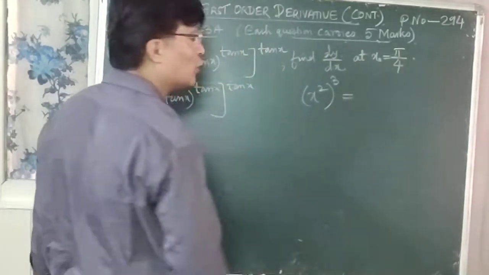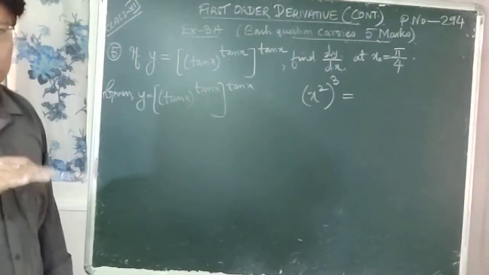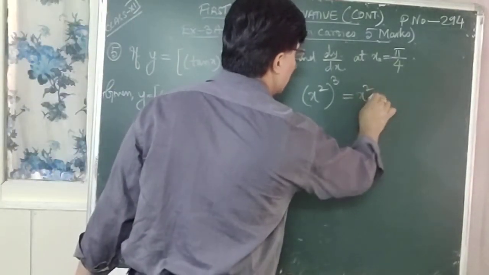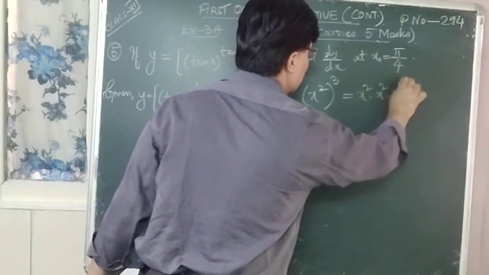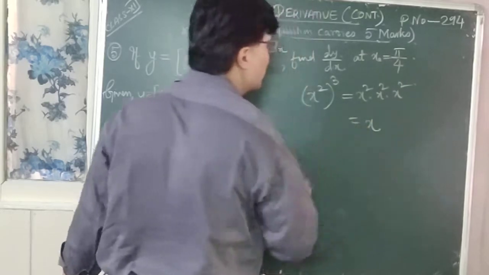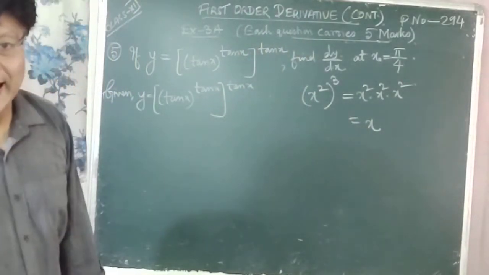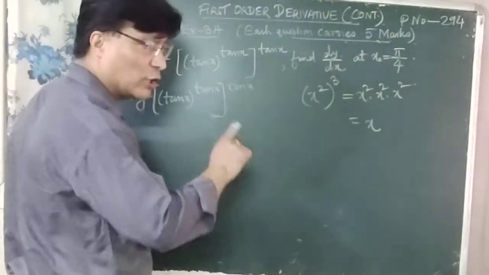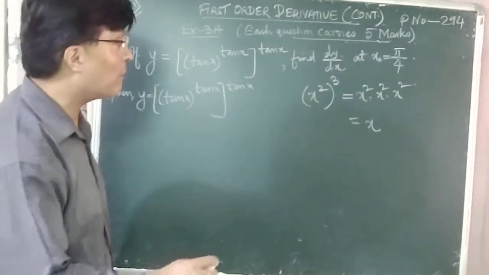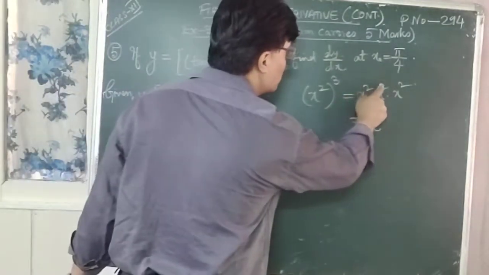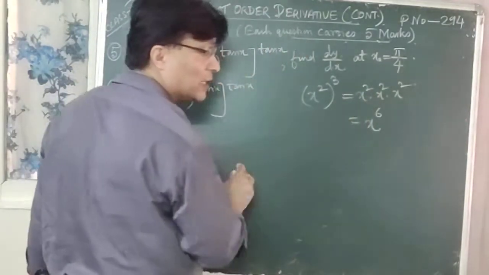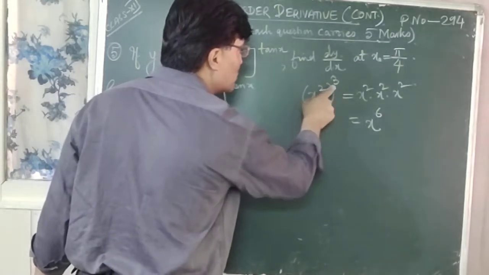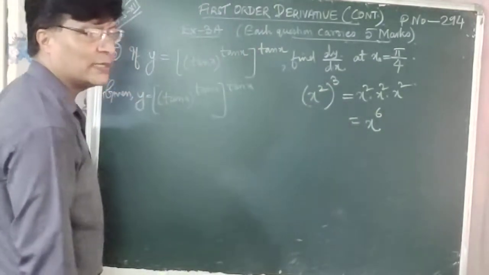X square whole cube means x square is multiplied 3 times, that is x square into x square into x square, which is equal to x to the power, now powers will be added. If you multiply all these x squares, the powers will be added. What do we get? 2 plus 2 plus 2, that is 6. That means if there is x square whole cube, these two powers must be multiplied. That is 2 3s are 6.